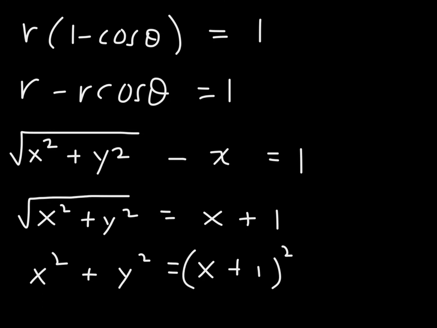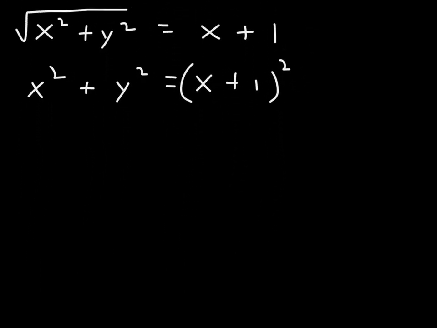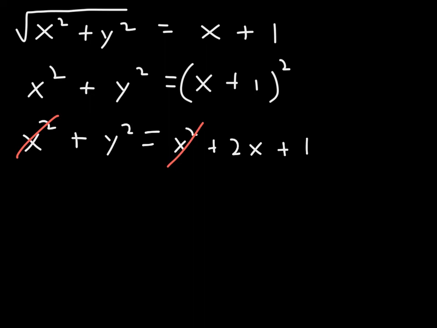This is from me squaring both sides. And then we're almost there. I would have x squared plus y squared on the left, of course. And on the right, after I would FOIL that out, I would get x squared plus 2x plus 1. The x squared on the left and the x squared on the right would cancel. And then I'm left with just y squared is equal to 2x plus 1.